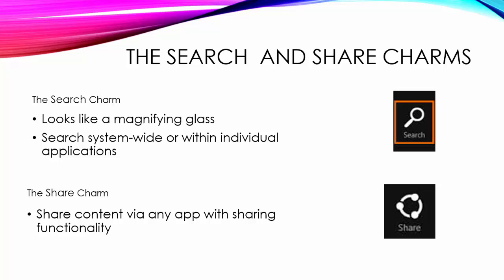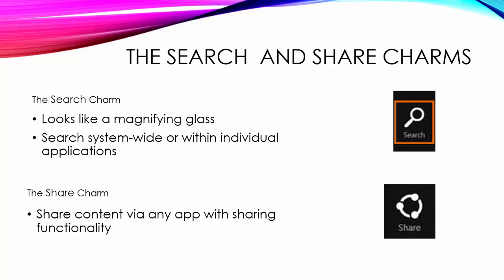The search charm, which looks like a magnifying glass, allows the user to look for files, web pages, settings, and information contained in applications. A user can use it to search system-wide, or if using an individual application, it can be used to search within that app.